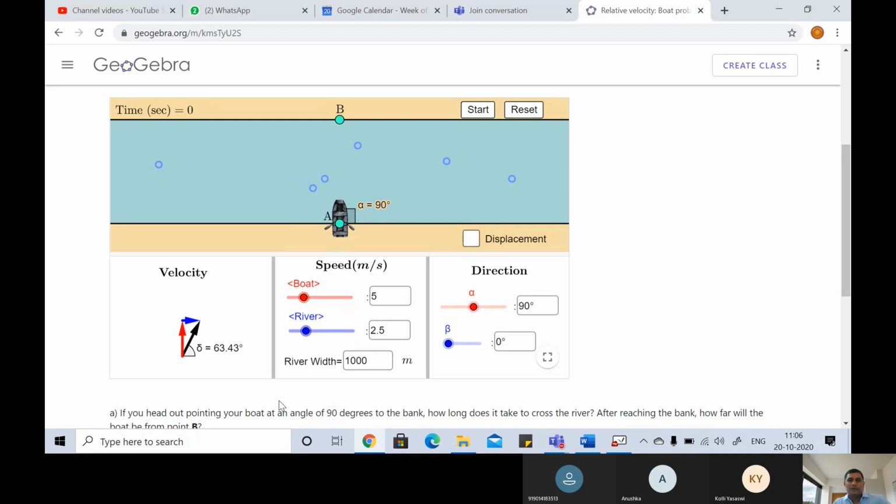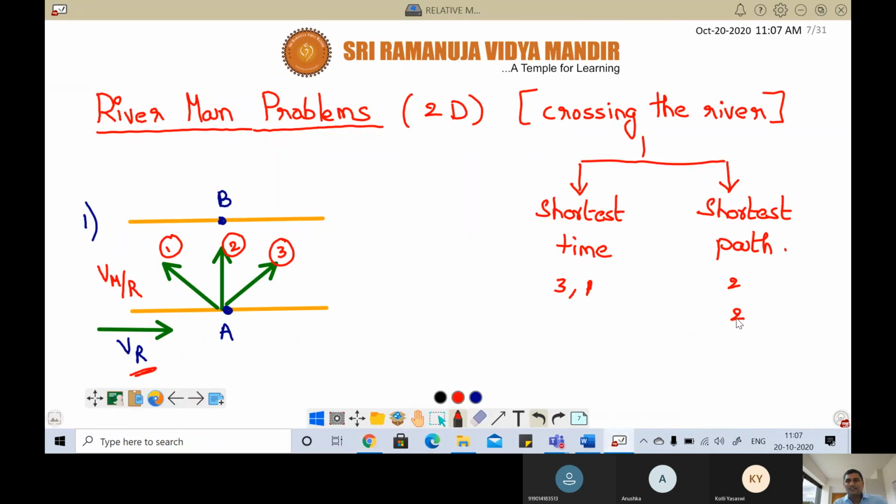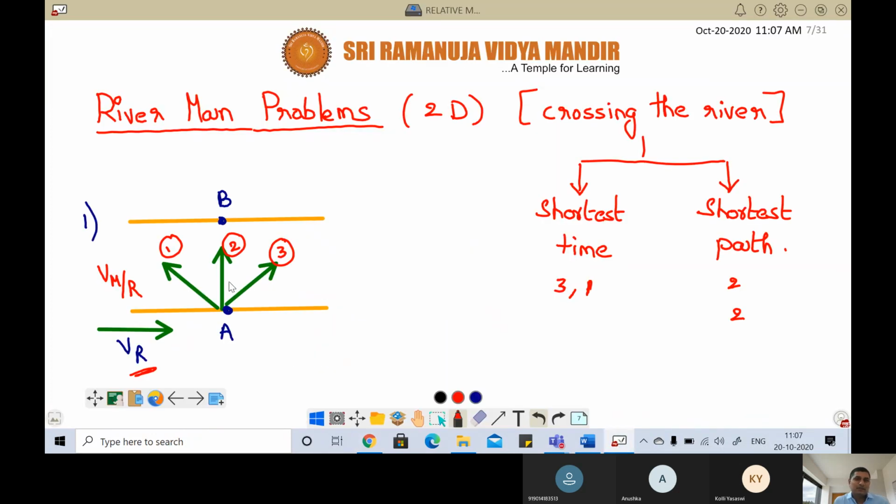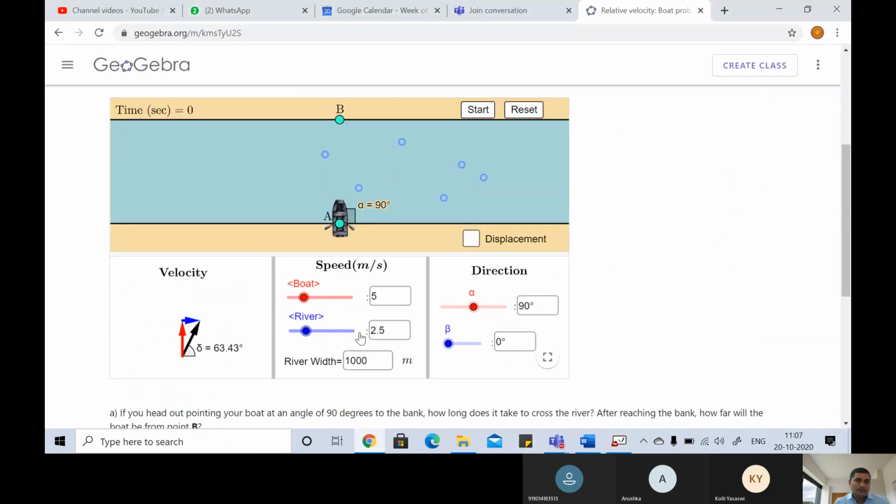Now first let us take the shortest path. All three of you told which one: the shortest path is 2. Let us see whether it is 2 or not. You are saying that the shortest path is if he goes in this direction, exactly across.